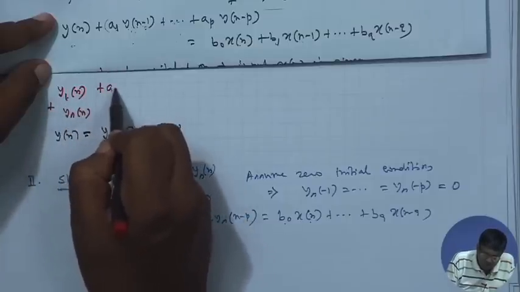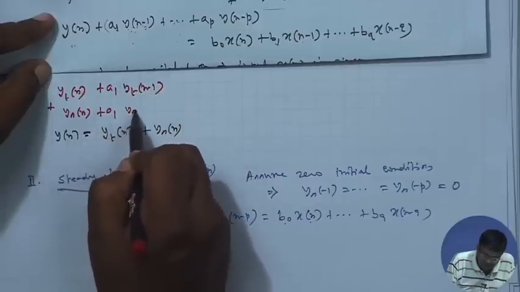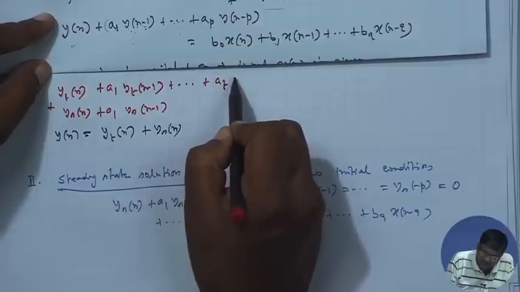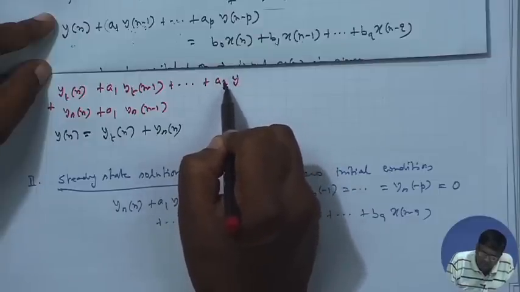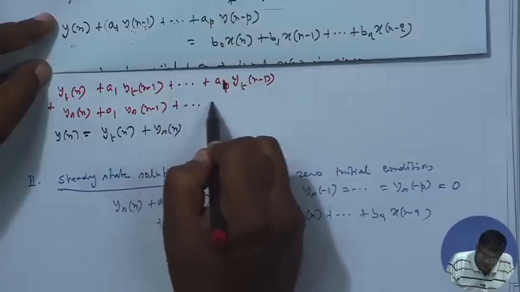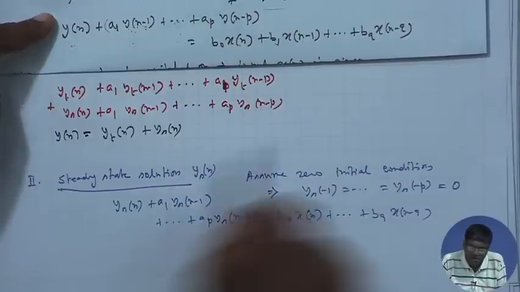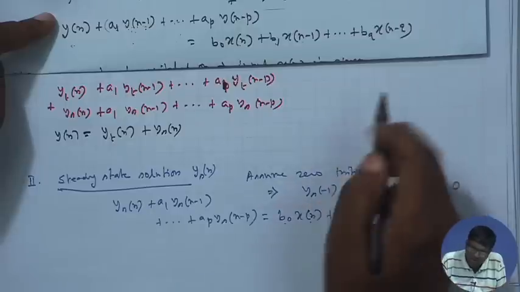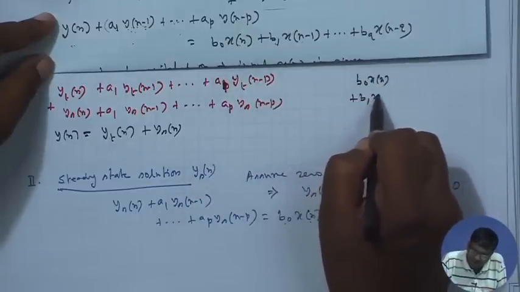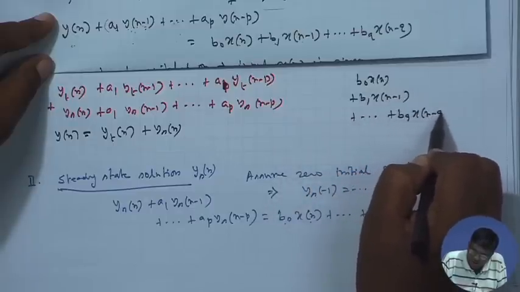Then a 1 y t n minus 1 plus a 1 y s n minus 1, dot dot dot, a p y t n minus p plus a p y s n minus p, and the right hand side is as it is, b 0 x n plus b 1 x n minus 1 plus dot dot dot b q x n minus q.